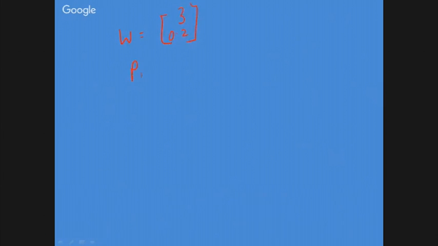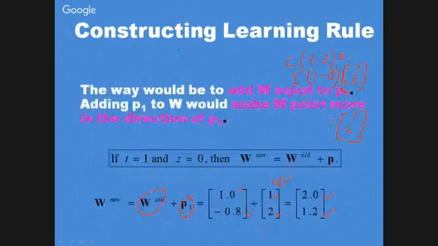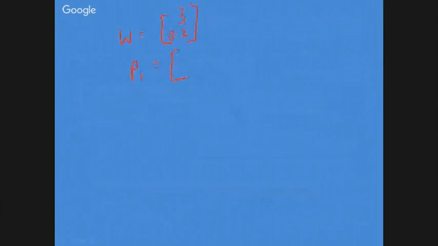And what is your P1? P1 is equal to 1 and 2. Now let us check, the target was given as 1. Now we have to check whether with this weight it is the same or not. We have to check for all the inputs, right?